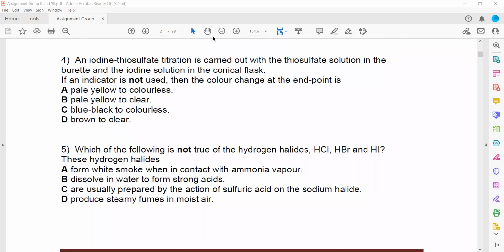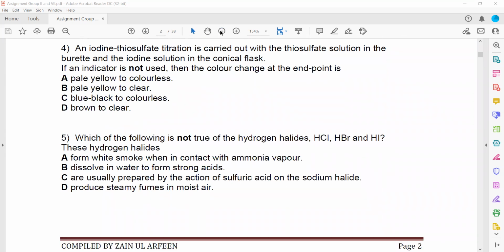In question 4, an iodine-thiosulfate titration is carried out with thiosulfate in the burette and iodine solution in a conical flask. If an indicator is not used, what will the color change be? Basically, the iodine molecules are in the conical flask, and in the burette we are adding thiosulfate.